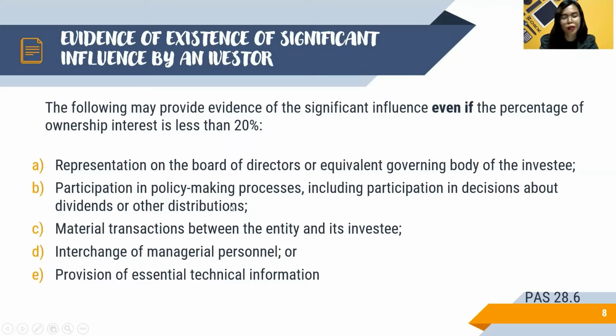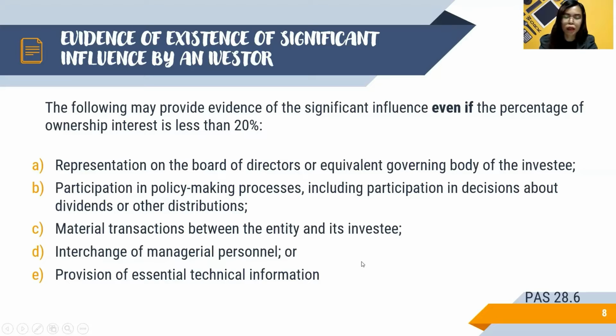Of course, since part ng board of directors si investor, kailangan din na may participation siya sa policy making processes. Letter C, material transactions between the entity and its investee. When we say material transaction, ang mga transaction between investor and investee ay mga large amount. And then letter D, interchange of managerial personnel.